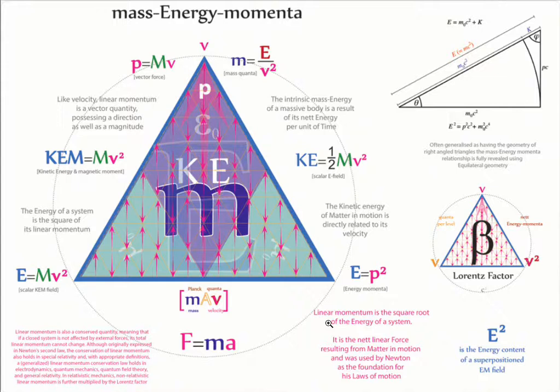In this case, you can see at the right hand side the Lorentz factor, and this simply shows the relationship that comes as we increase the velocity of a particle.